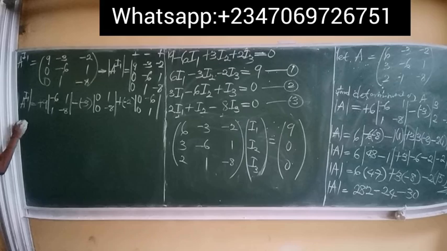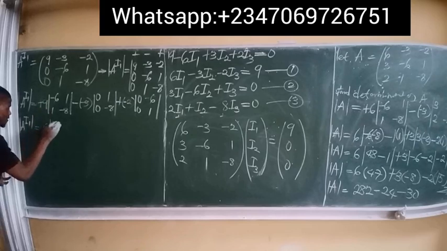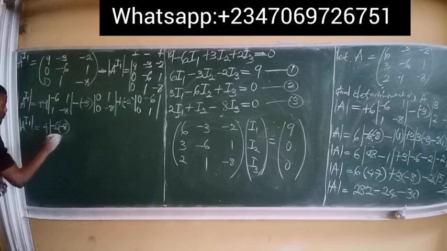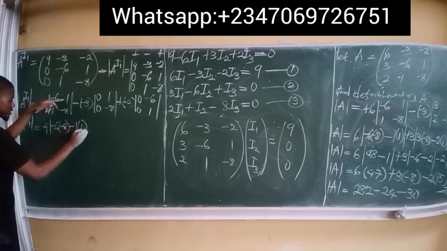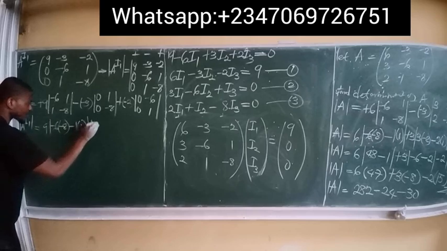All right, so determinant of matrix A_I1 is now equal to 900 into, so determinant is simply the product of the major arm minus the product of the minor arm. So you have minus 6 times minus 8, this is the major arm, minus 1 times 1. Minus times minus here becomes plus, so you have plus 3.